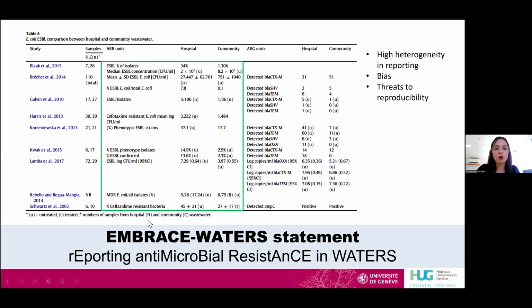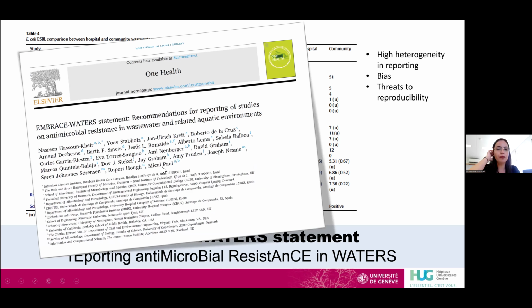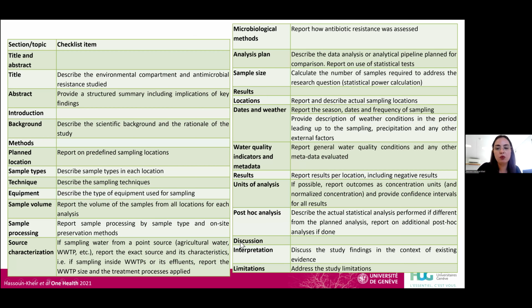And this is how we had the Embrace Water statements. It was a consensus statement with various partners from the clinical world, but also from engineering, One Health, microbiology, and environmental microbiology, all interested in AMR in the environment. In this list, we specify 22 statements that we recommend AMR research to follow.